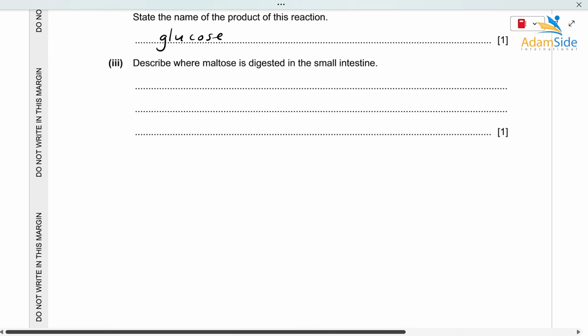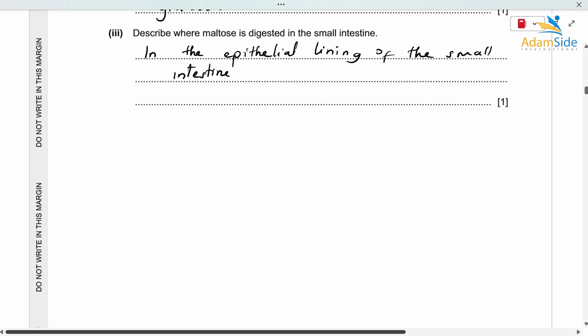So you can say in the epithelial lining of the small intestine. This part here is usually filled with cells known as epithelial cells. So when we say epithelial lining, when we say epithelial cells, we mean this is where this digestion is taking place. Okay, let's move forward to the next question.